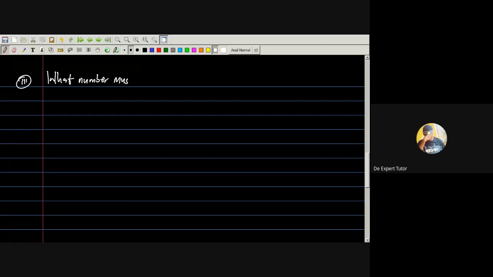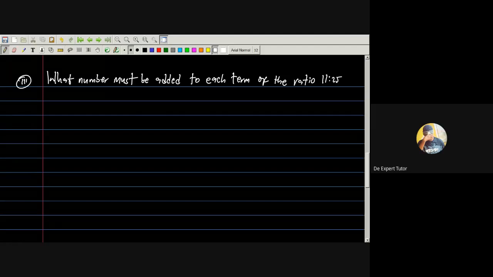What number must be added to each term of the ratio 11:15 so that it becomes the ratio 4:8?